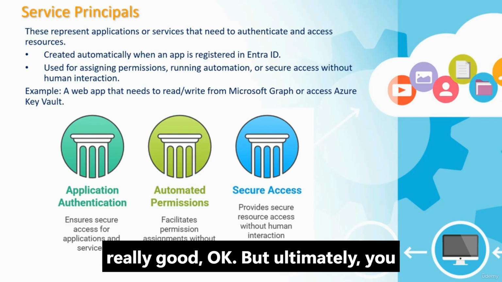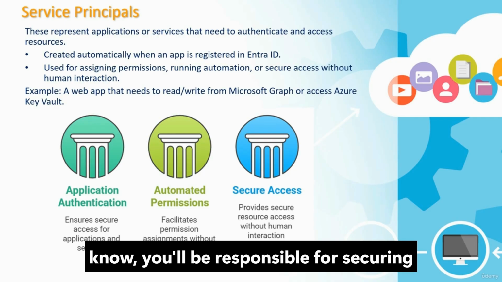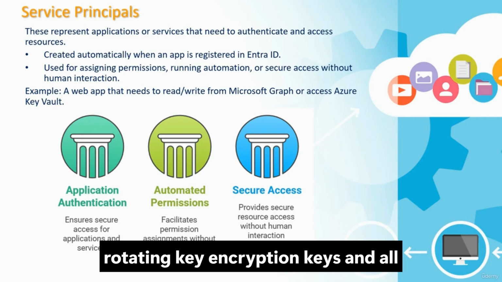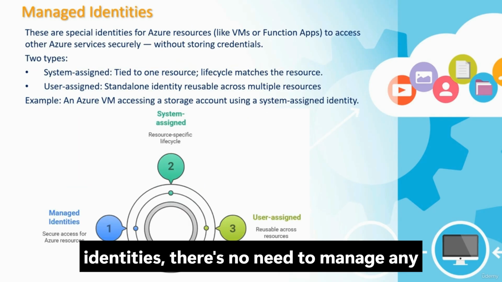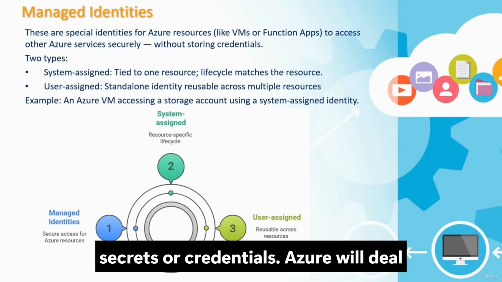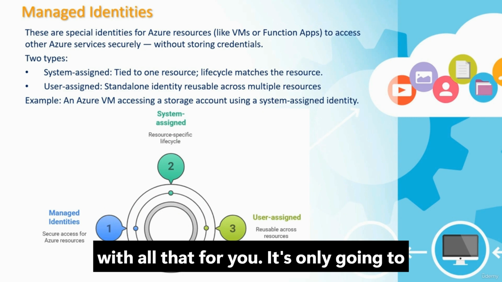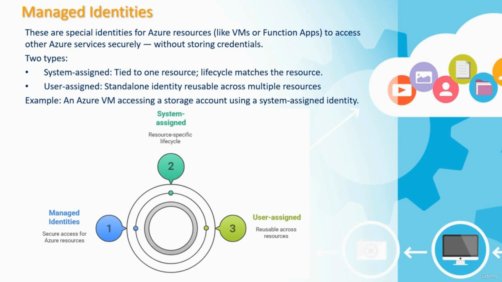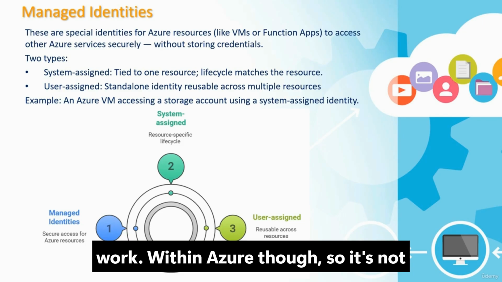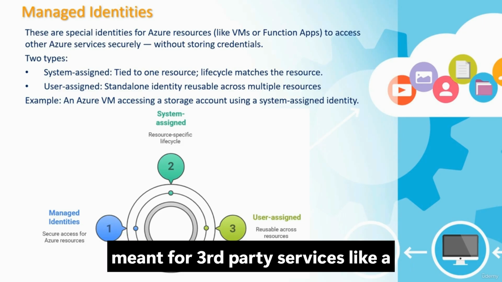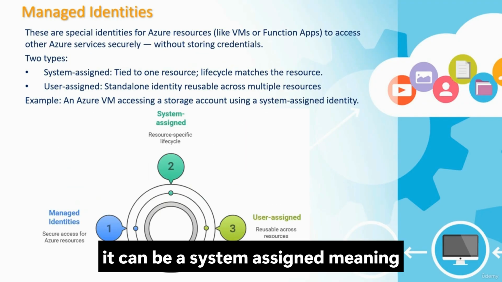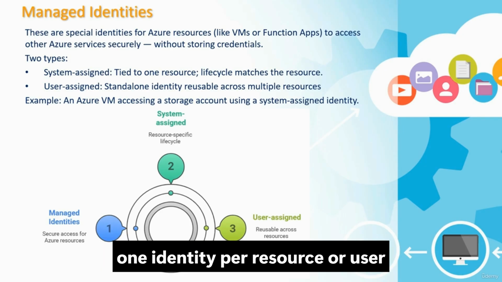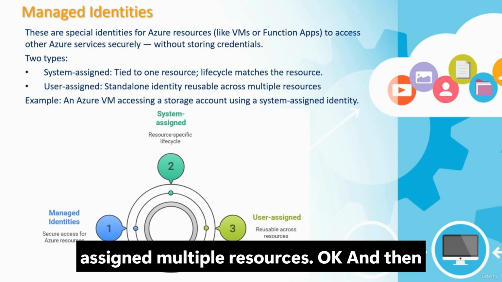But ultimately, you'll be responsible for securing and rotating keys, encryption keys, and all that if there's any of that involved. All right, and then with managed identities, there's no need to manage any secrets or credentials. Azure will deal with all that for you. It's only going to work within Azure, though, so it's not meant for third-party services like a service principal is. And it can be system assigned, meaning one identity per resource, or user assigned, meaning multiple resources.